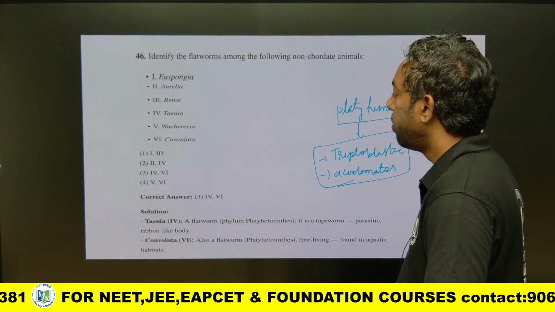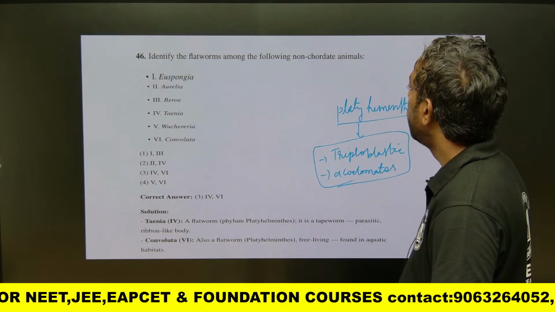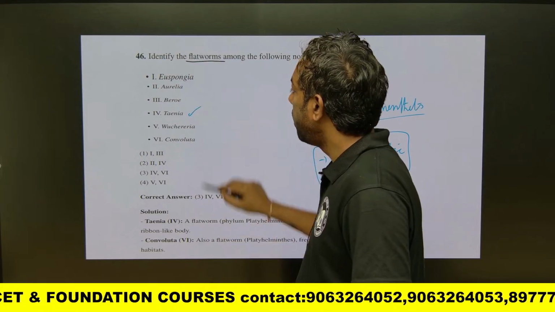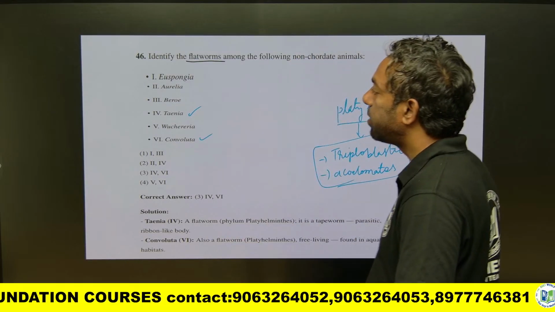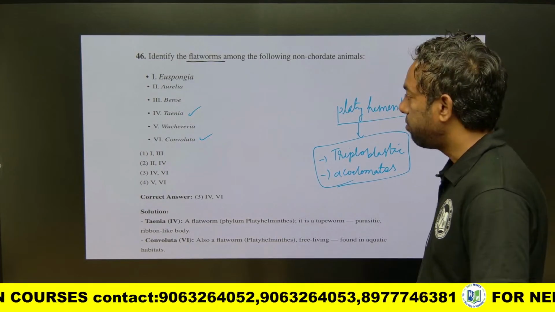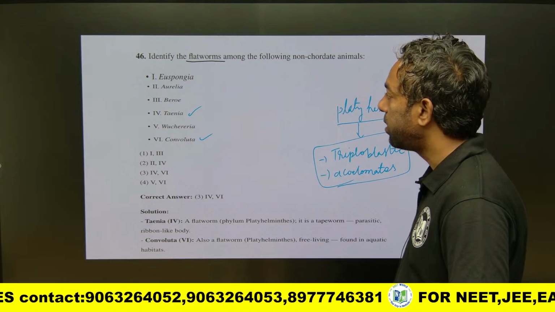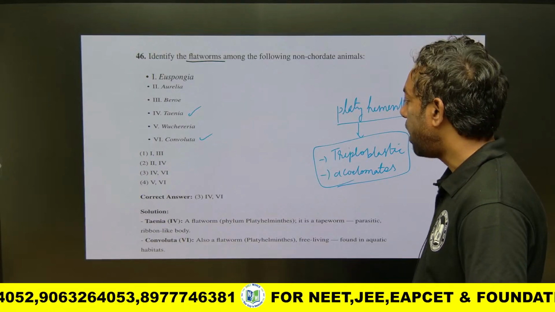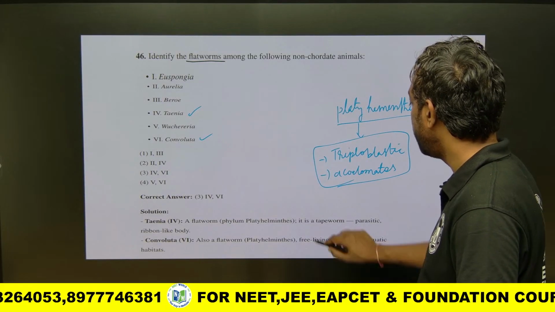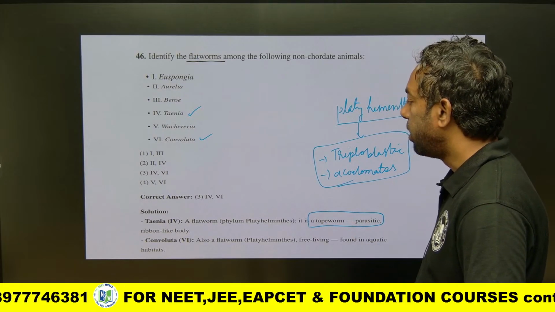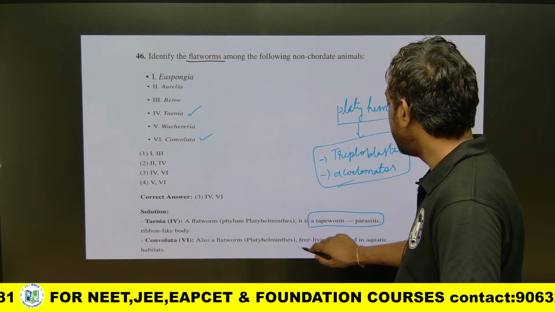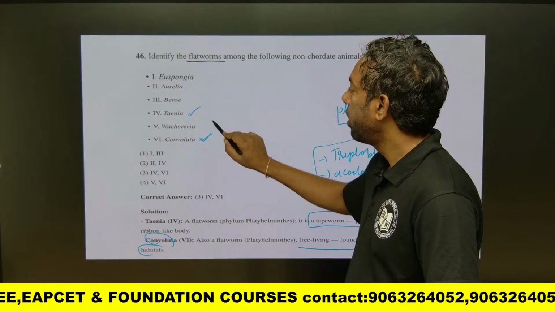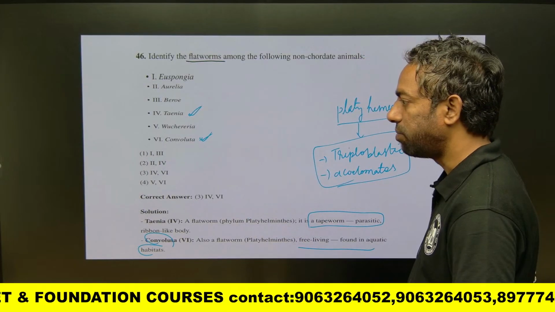So here the 4th and 6th are the non-chordate flatworms. Direct question, guys. These are Taenia and Convoluta. Of course, Aurelia is a coelenterate and Ascaris is a nematode, Aschelminthes. Flatworms, phylum Platyhelminthes: tapeworm is parasitic, and there are also free living flatworms. Convoluta is free living, and this is a parasite. Okay, flatworms.